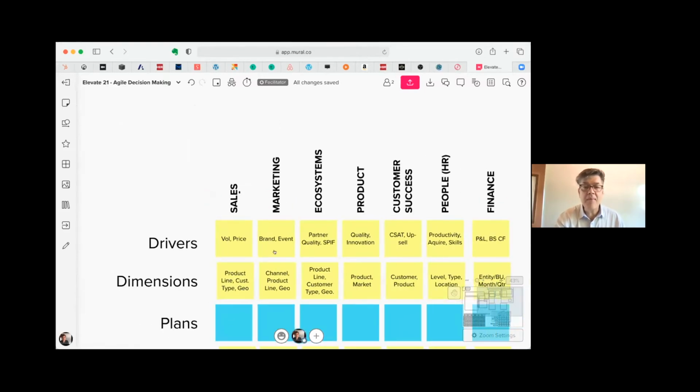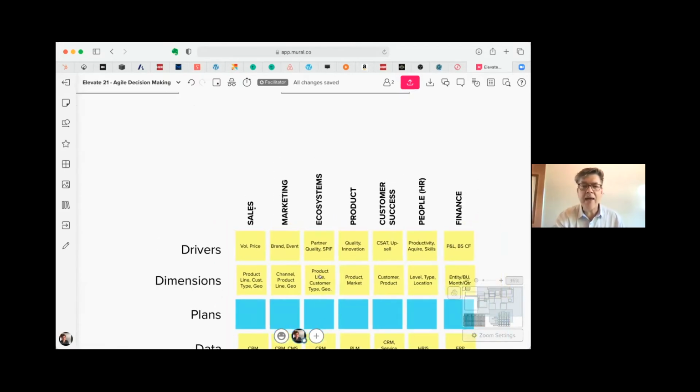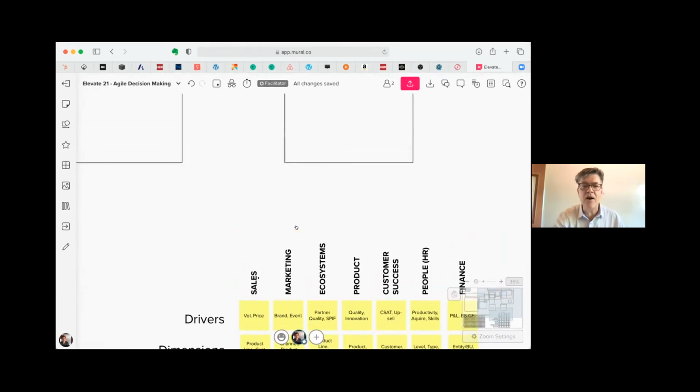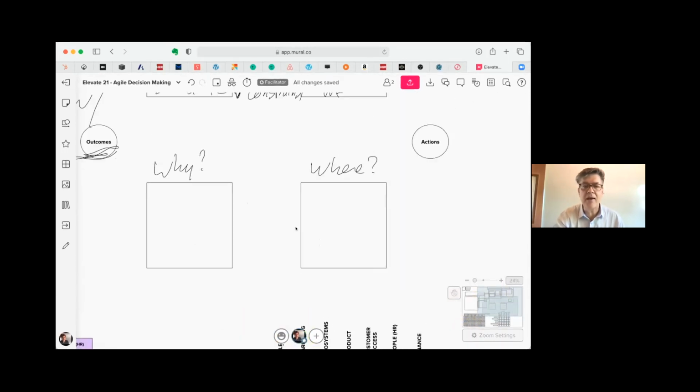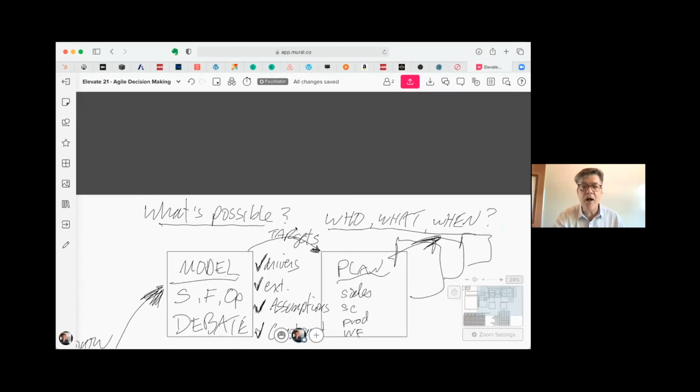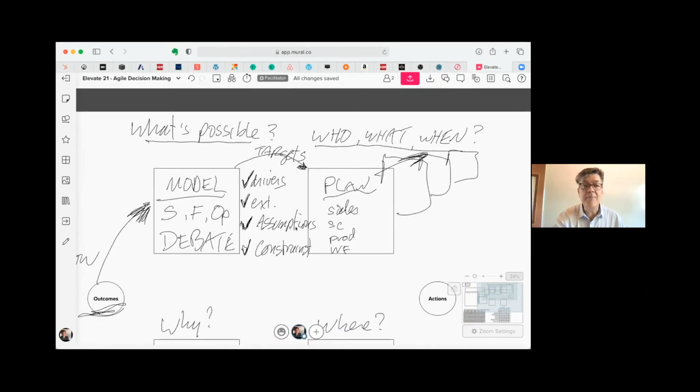Yet in marketing, I might have a different set of dimensions, and I might cascade my targets down by channel, or also by product line and geography. So you can see how I cascade depends on which part of the business I'm talking about, and I need to keep all of those dimensions in sync.